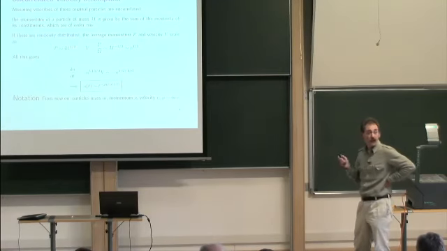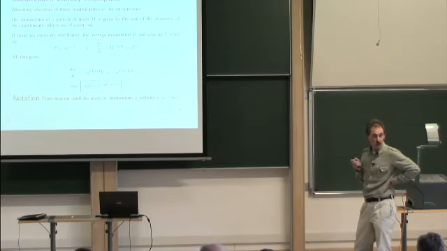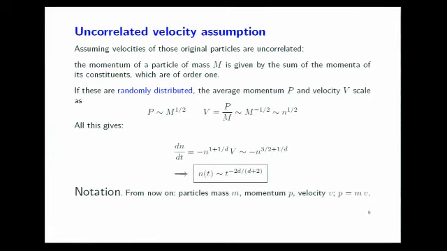Now the main problem of the argument comes here. There is an assumption about the fact that the velocities of the particles are uncorrelated. So if you assume that the velocities are uncorrelated, the momentum of a particle of, say, mass m is given by the sum of the momenta of m particles of mass 1.